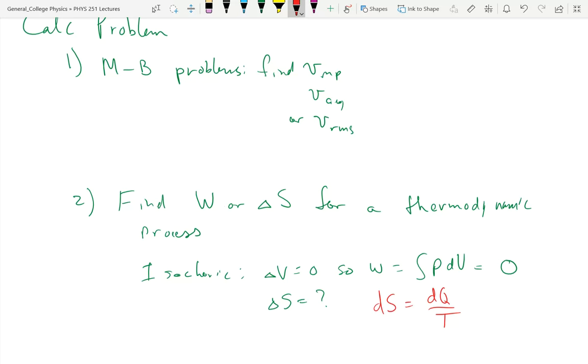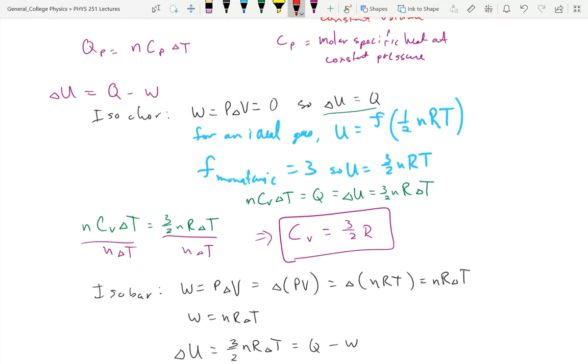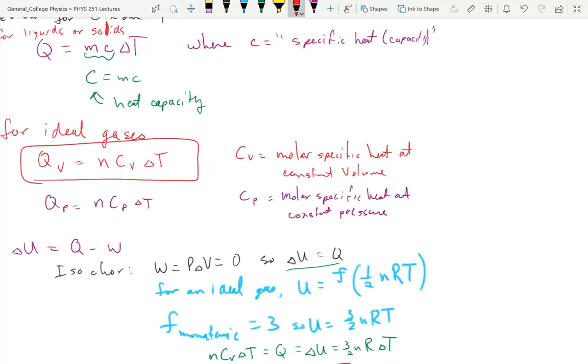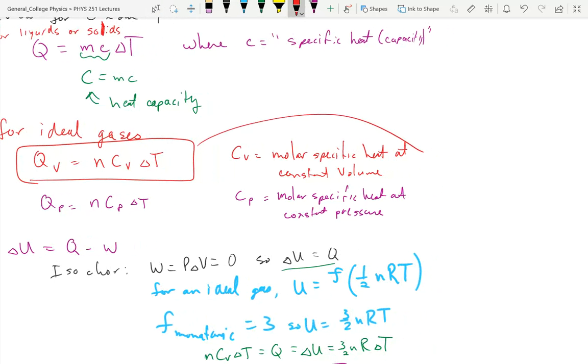Well, what is dQ? If it's isochoric, we already talked about this. This is what Kaylin asked about at the beginning of class. Now, we were doing things in a non-calculus version here, and so we said Q_V is equal to nC_V delta T. Well, in the calculus perspective, that means dQ is equal to nC_V dT.